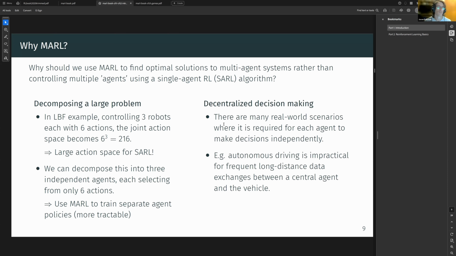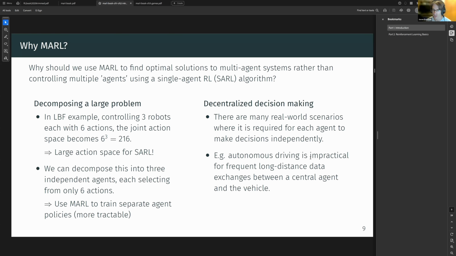And then the other case, which is probably a better reason to use MARL, is when we have a problem where the decision making is inherently decentralized. Like you have agents where they're unable to see relevant information from all the other agents, like autonomous driving, where you have cars on the road and they can only see a limited set of information around them.